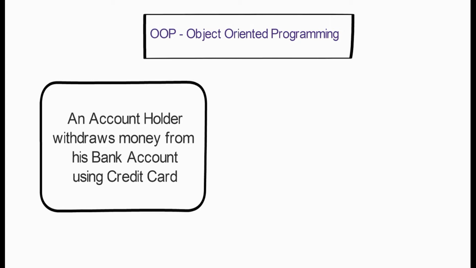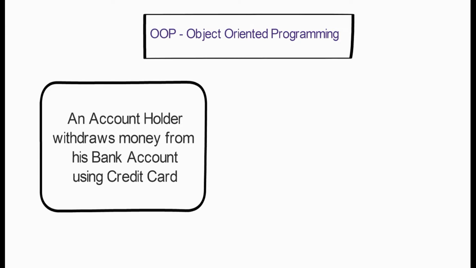Okay, let's identify what the entities or nouns are in our scenario. An account holder withdraws money from his bank account using a credit card. That is the scenario. Can you identify the entities or nouns?